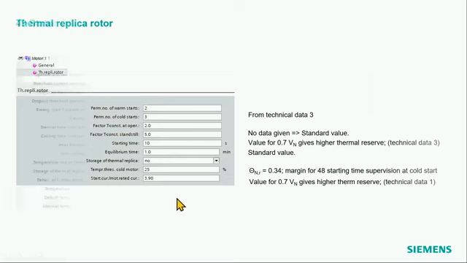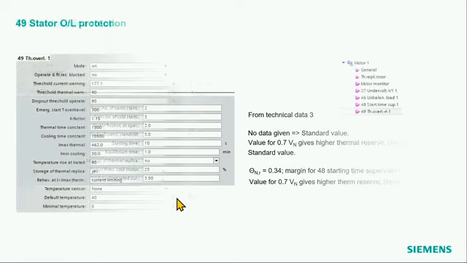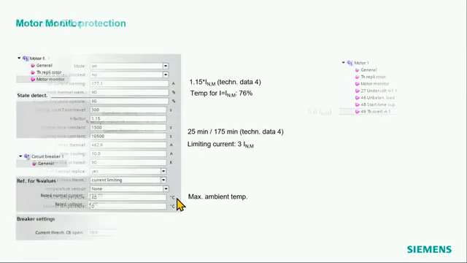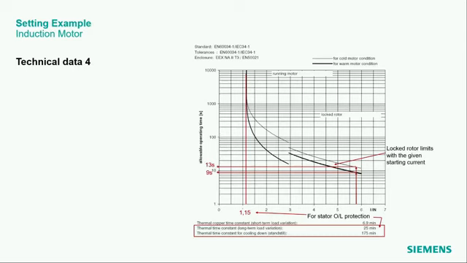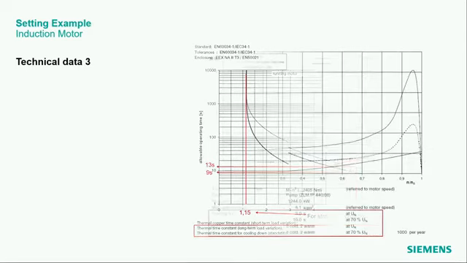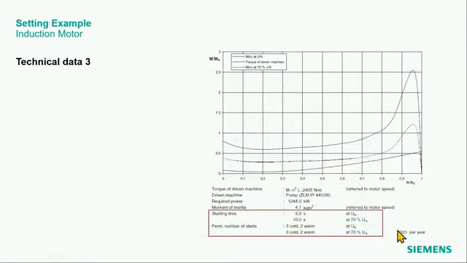So let's have a look at the technical data again. I have to jump back a little bit. Now the animation comes. Somewhere I have an indication. Here it is. Permissible number of starts, 3 cold, 2 warm, for the nominal voltage, and also for a voltage which is 70% of the nominal voltage, so for the undervoltage situation.